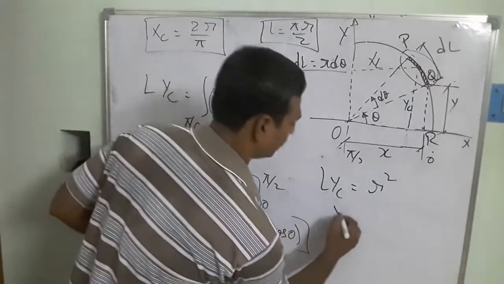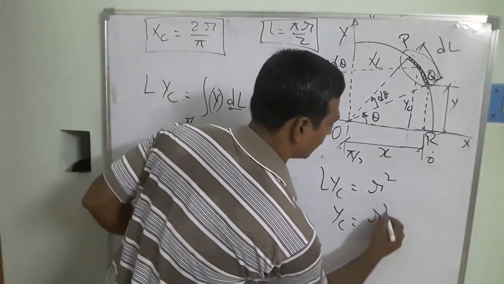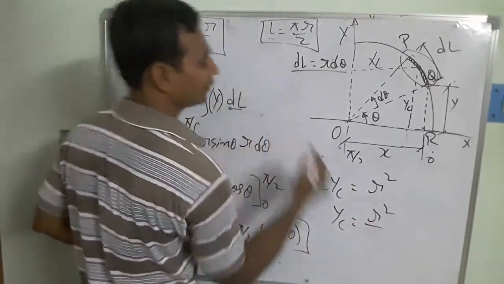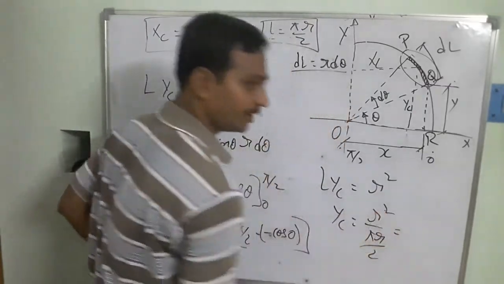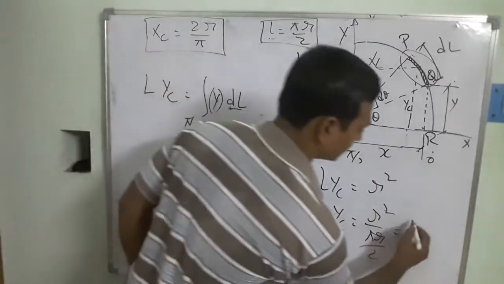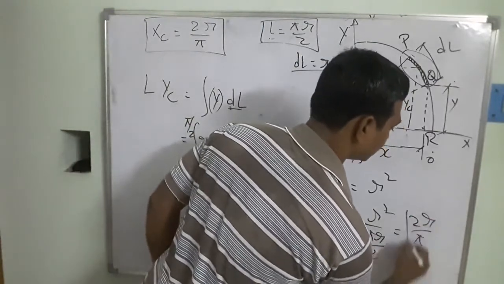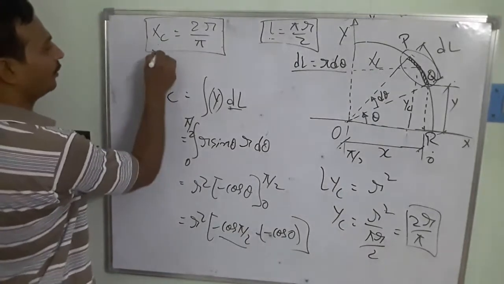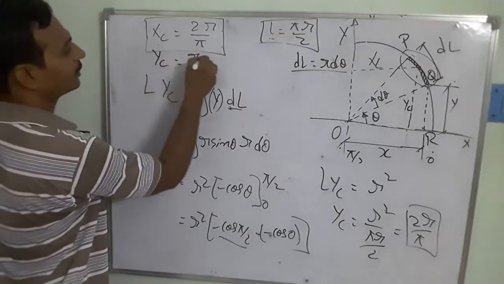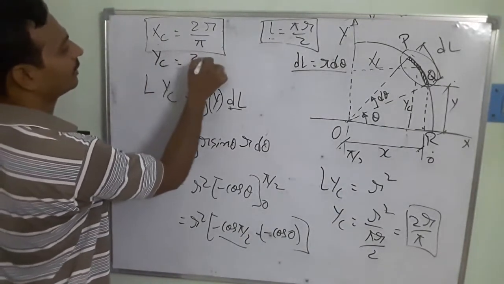Then yc is equal to r square by L, where L is pi r by 2. Finally r will be cancelled, and that's 2r by pi. Can you see? yc is equal to 2r by pi, and xc and yc both come out as 2r by pi.